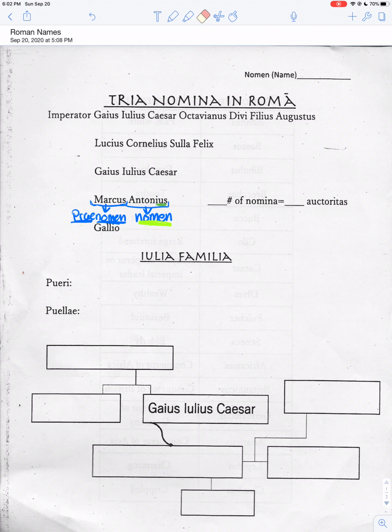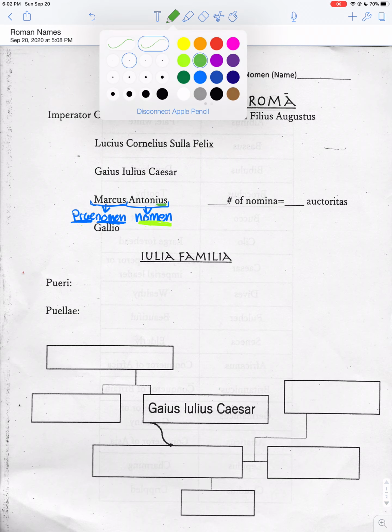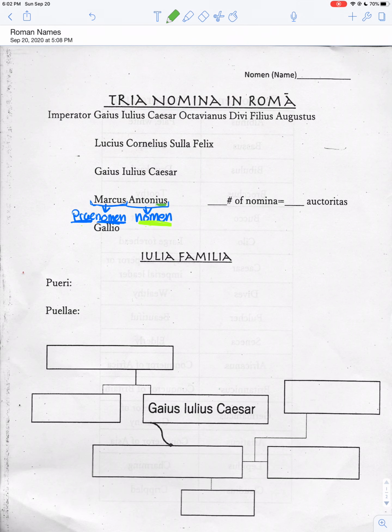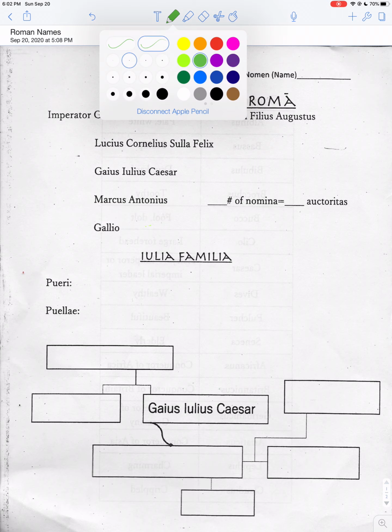So that's why Marcus Antonius is masculine in this case. So we know that this praenomen, that's his personal name. And then we have the nomen, which is the family name. So let's go down below and look.